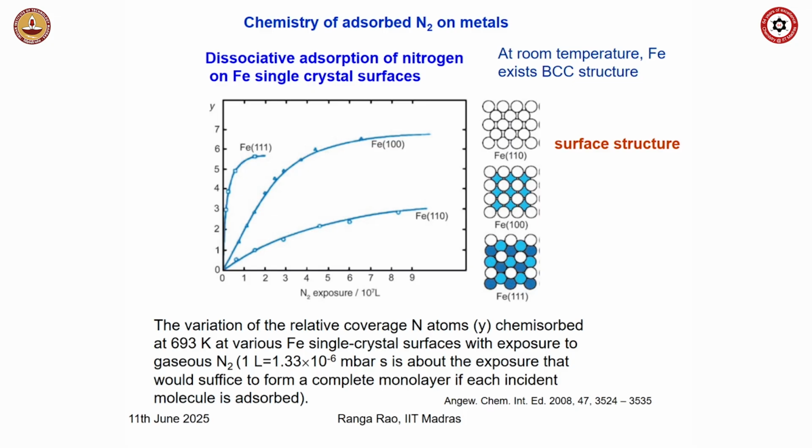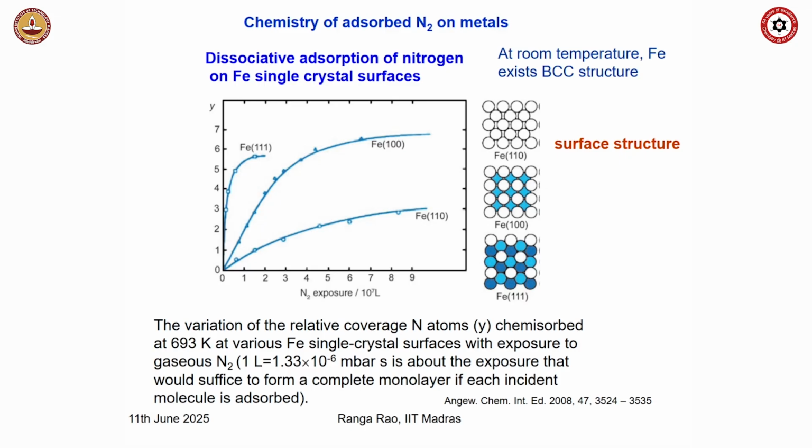What they found is that the 111 plane has strong affinity for nitrogen atoms. You see, the moment nitrogen is exposed, immediately the coverage shoots up very, very high. Whereas in this case, the coverage also shoots up, but it takes time. It requires higher nitrogen exposure.